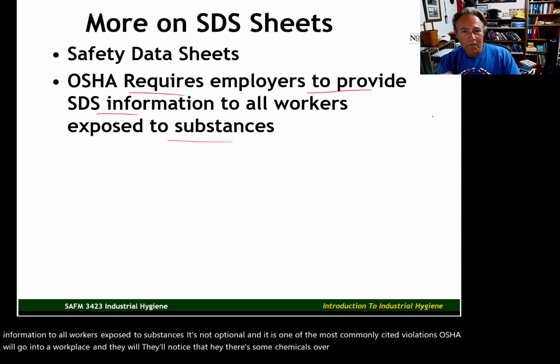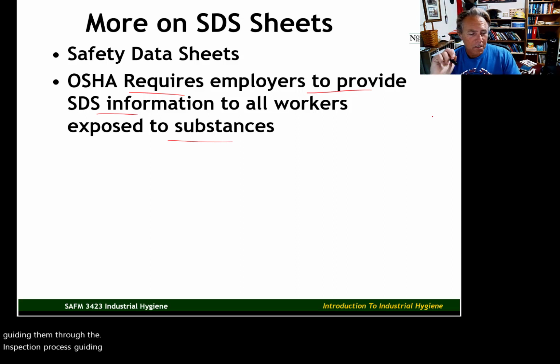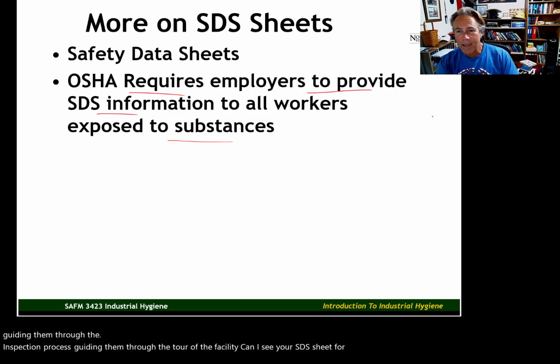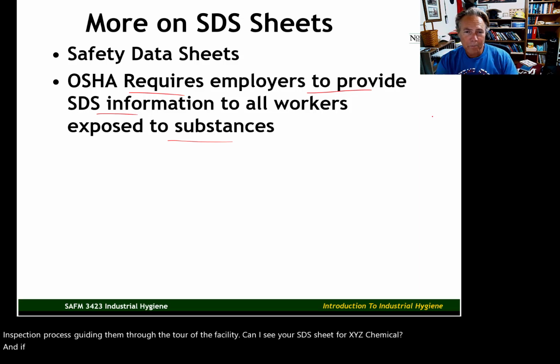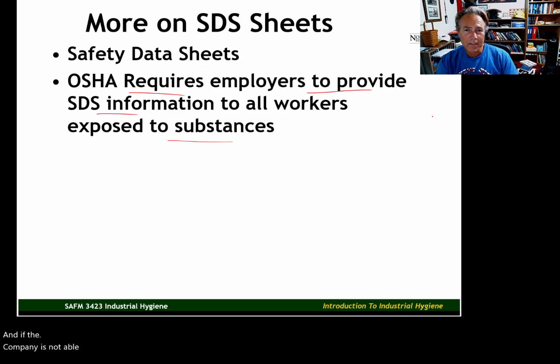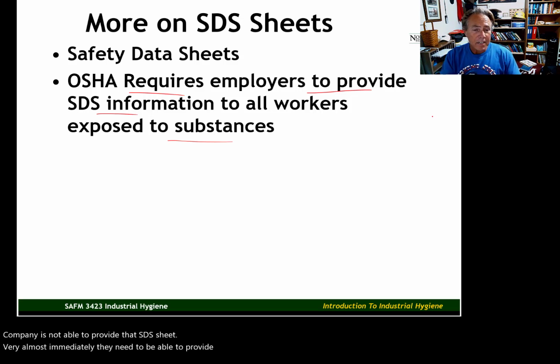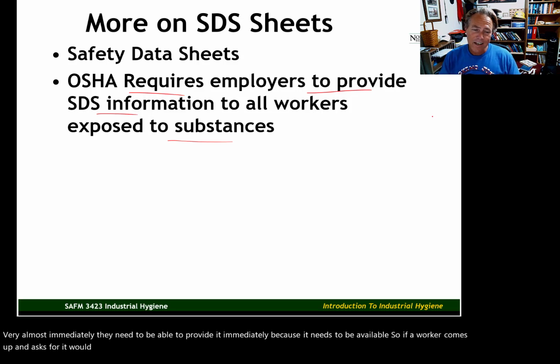They'll ask whoever is guiding them through the inspection process, guiding them through the tour of the facility, can I see your SDS sheet for XYZ chemical? And if the company is not able to provide that SDS sheet almost immediately, they need to be able to provide it immediately, because it needs to be available, so if a worker comes up and asks for it, it would be available. If they can't do that, that's pretty much a slam dunk citation for the OSHA compliance officer.